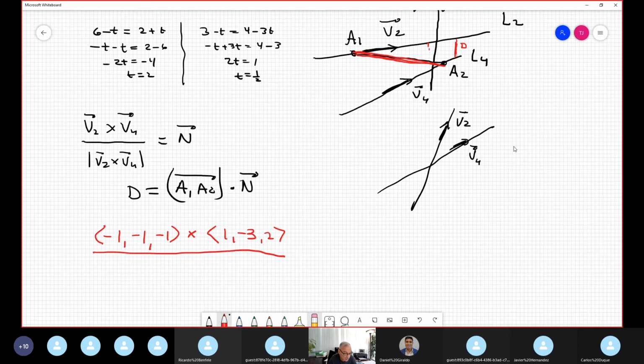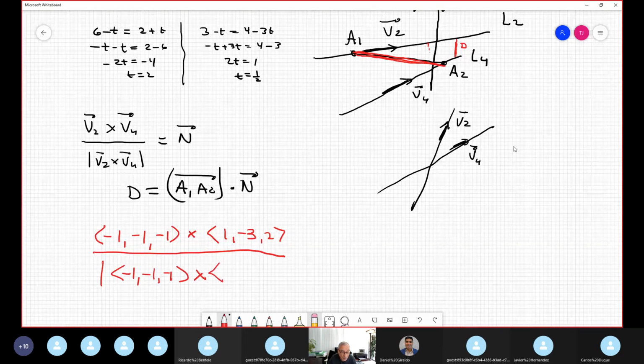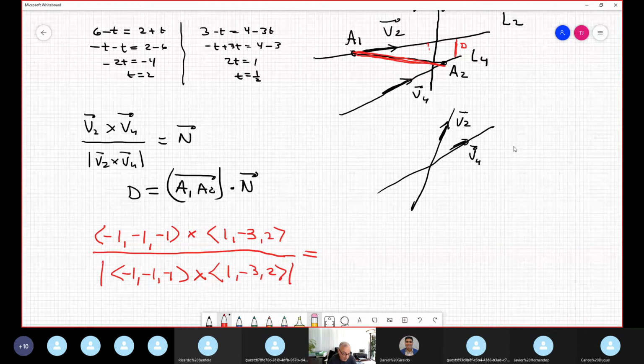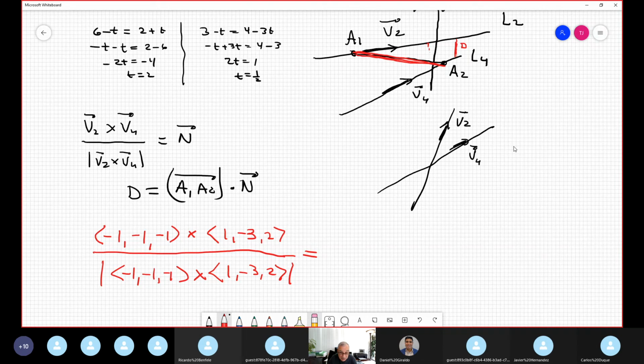So magnitude of the cross product gives me a vector, and of course the unit vector is 1 over square root 42 times the vector <-5, 1, 4>.